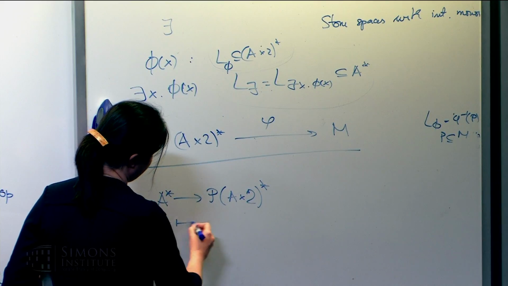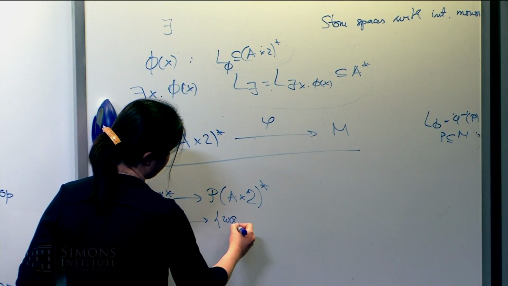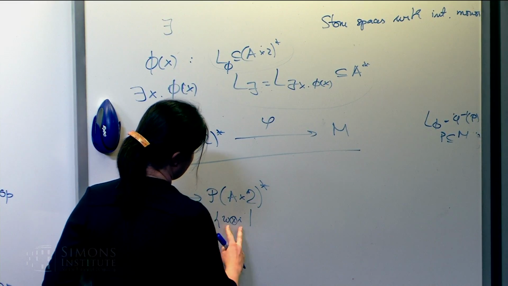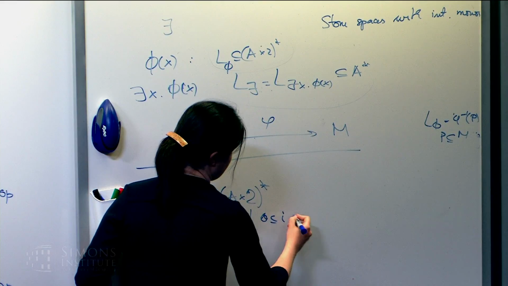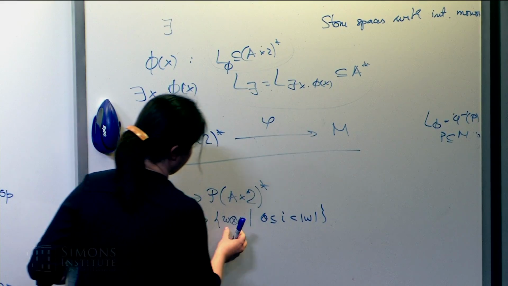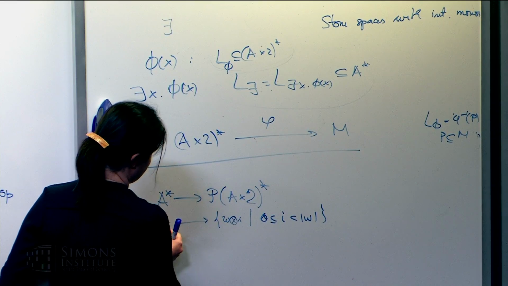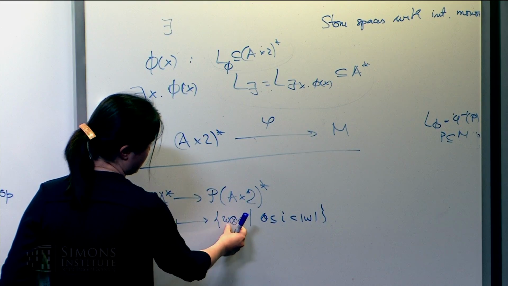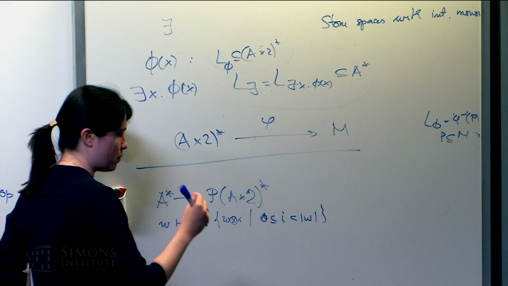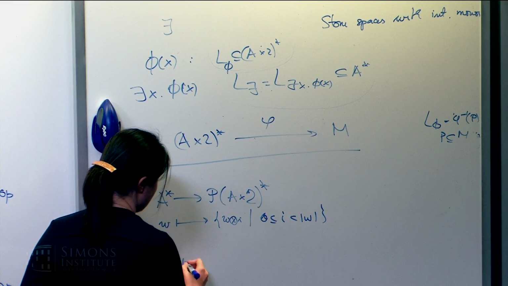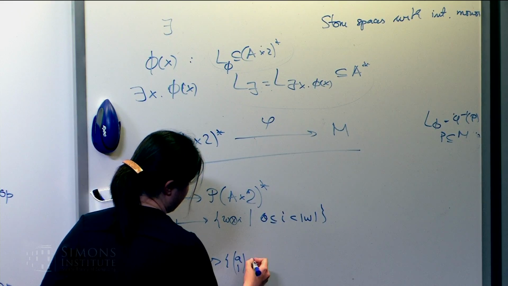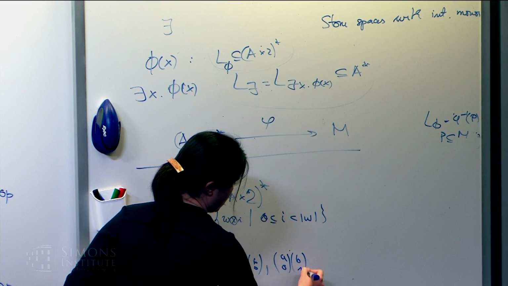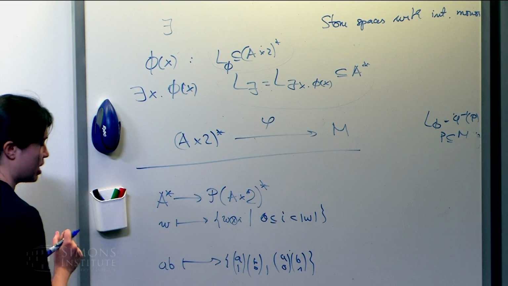To each word, we associate the set of words which have one marked position. This notation stands for the same letters in A, but with either a 0 or a 1, and this means that I have exactly one 1 in my word. So for example, AB will be sent to the set A1 B0, A0 B1. So I mark exactly one letter.